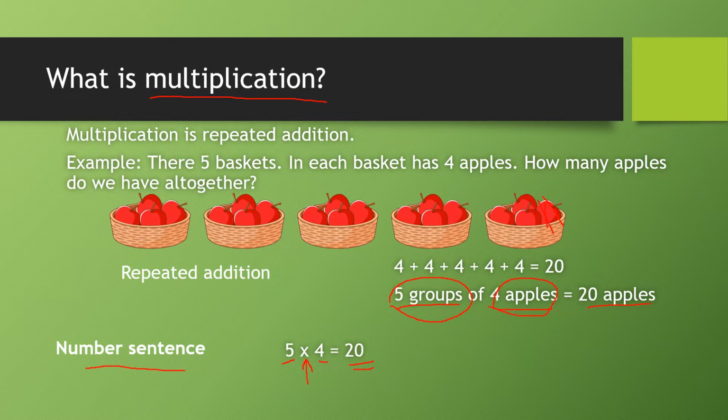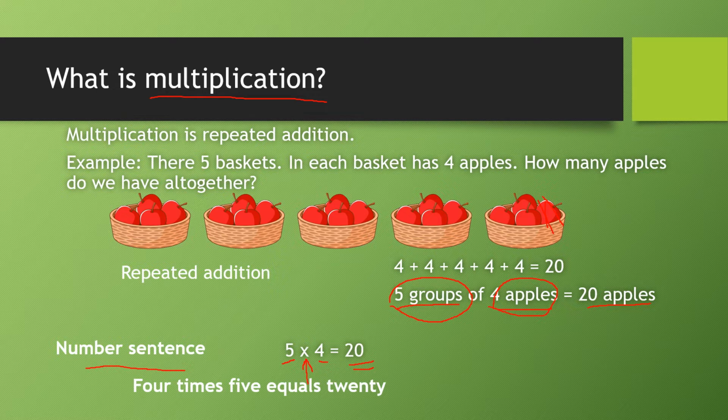So how will we say it again? You can say 5 times 4 equals 20, or you can say 4 times 5 equals 20.